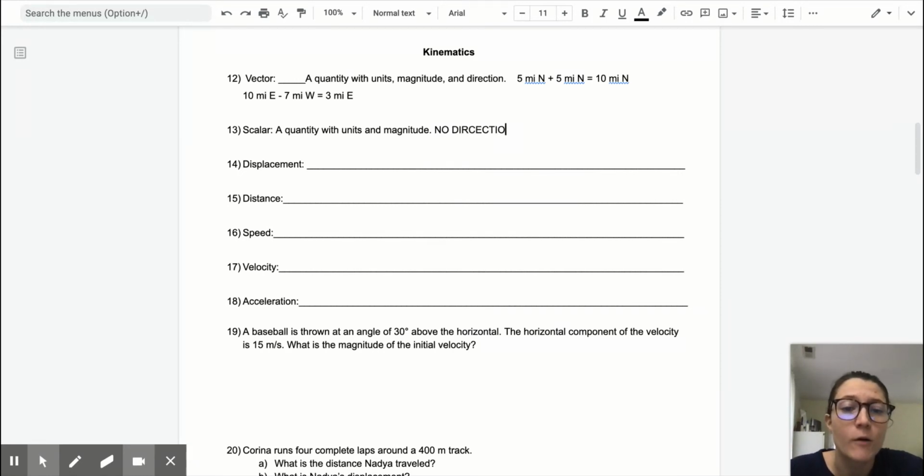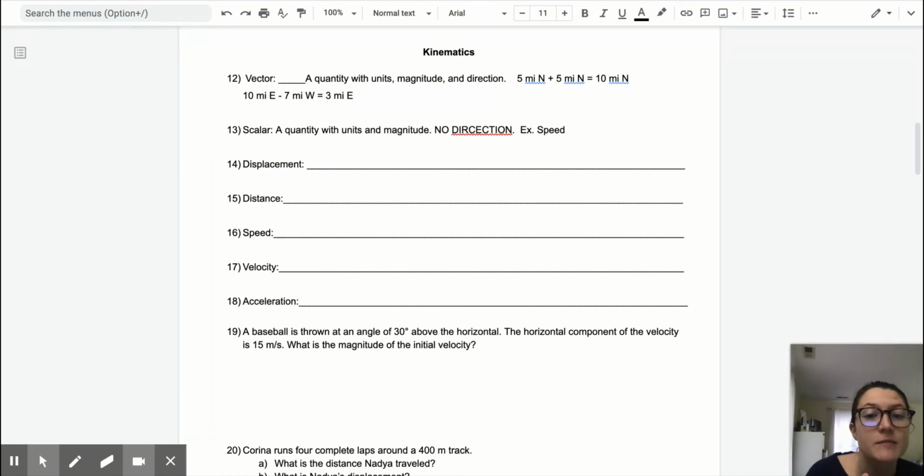So for example, the most notable example is speed, which is the total distance over the total time, which we'll get back to in a second. So regardless of the path that you take, your entire distance is added together and divided by the total time. So because the direction is not accounted for, speed is a scalar quantity.